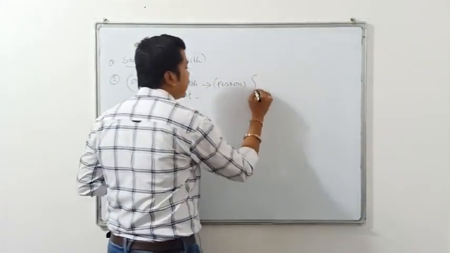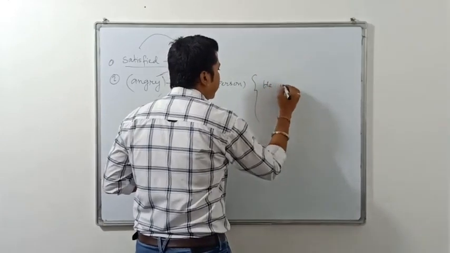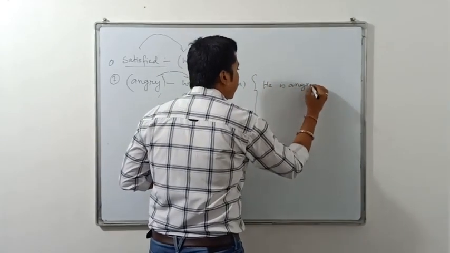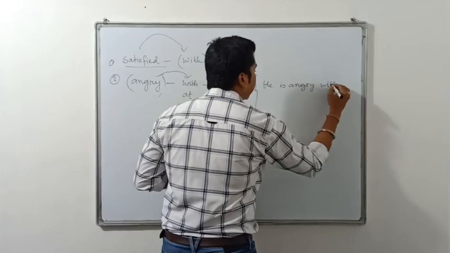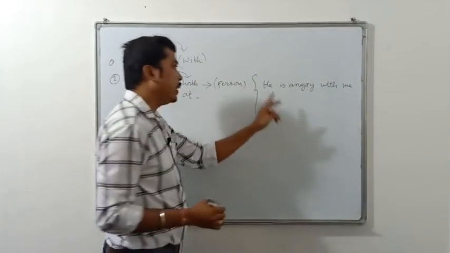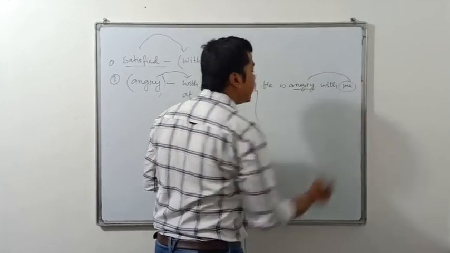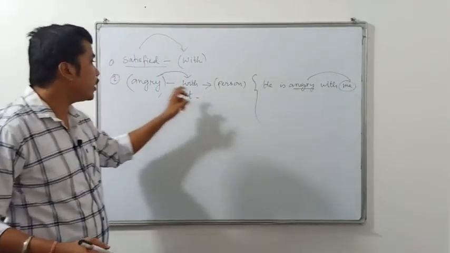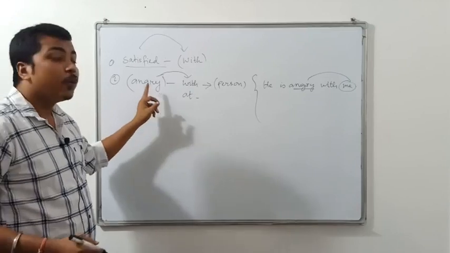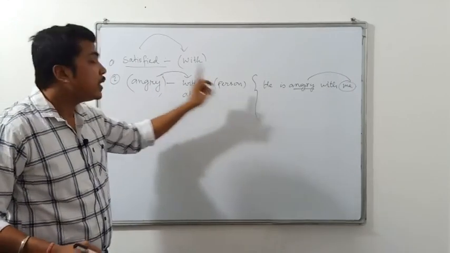As for example, he is angry with me. Here angry is denoting person, me. Me is a person.